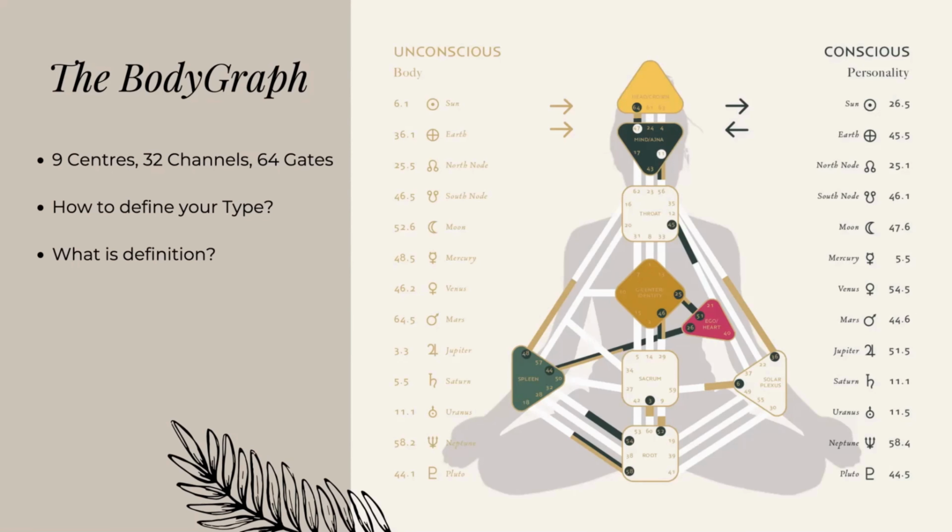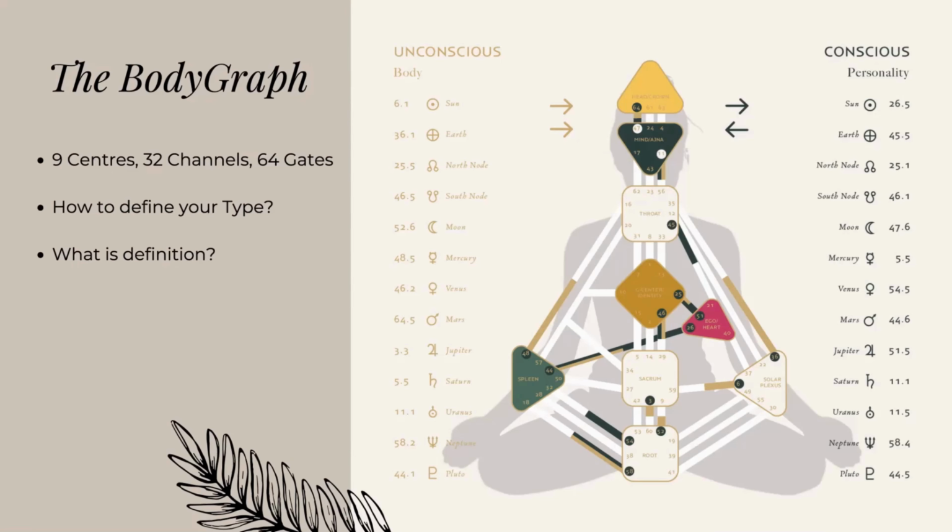This is also some of the potential you then have. And for example, when you look at the heart, which is pink, and the spleen, which is this greenish shape, you have from 44 to 26. And this is a whole channel.